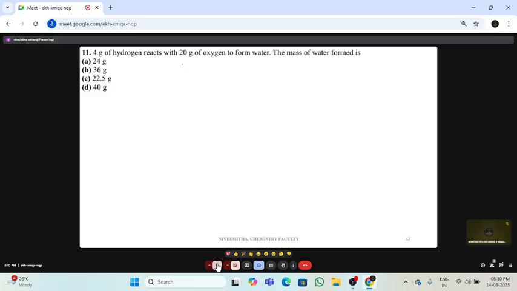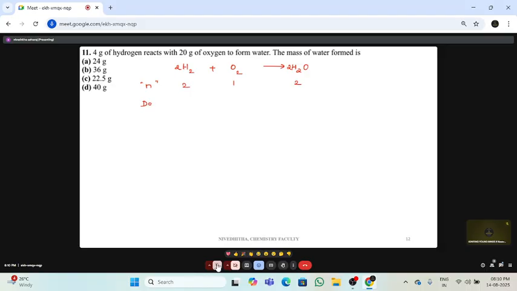So basically, the equation is hydrogen reacts with oxygen to give water. So to balance this equation, I'm going to have it as 2 water molecules and 2 molecules of hydrogen. So it is balanced now. So the inference is 2 moles of hydrogen reacts with 1 mole of oxygen to give 2 moles of water.